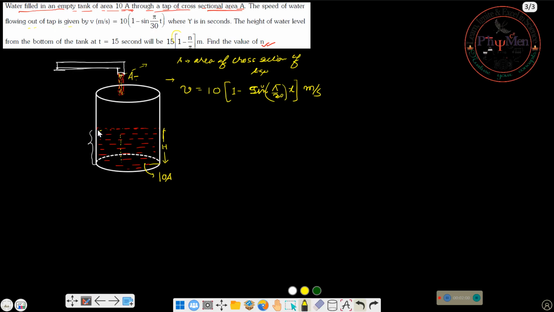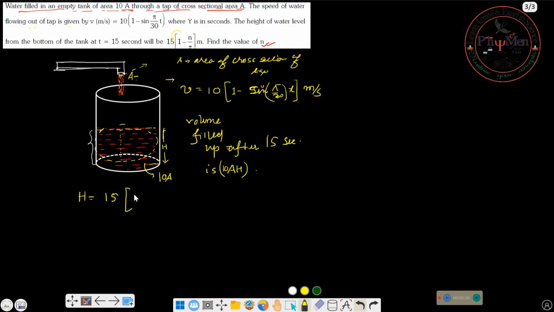So after 15 seconds, if its height is h, then the volume filled up is 10a times h. This height is found to be 15(1 − n/π) meter, and we are asked for the value of n.